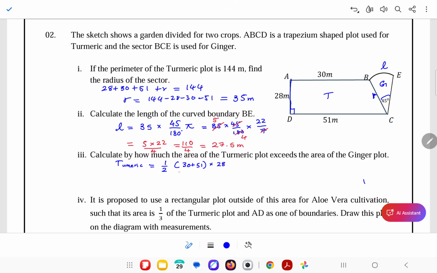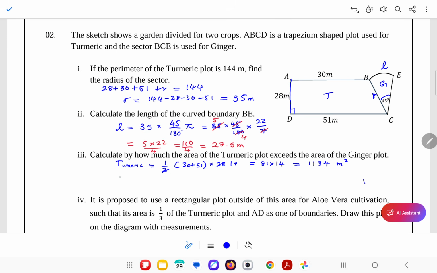So 14 into 81. 14 into 81, which is 810 plus 324, 1134.